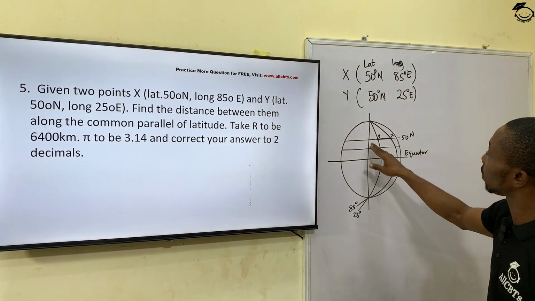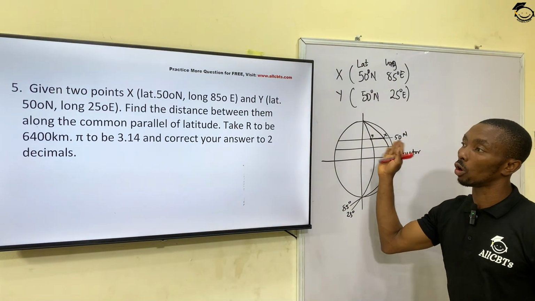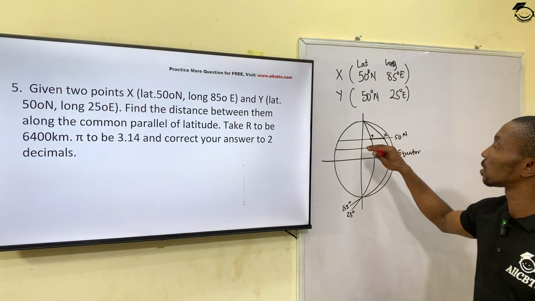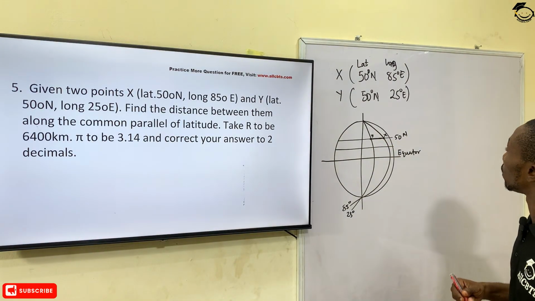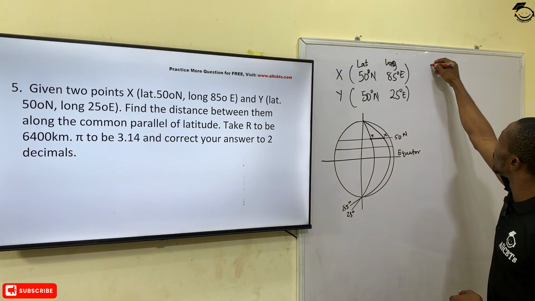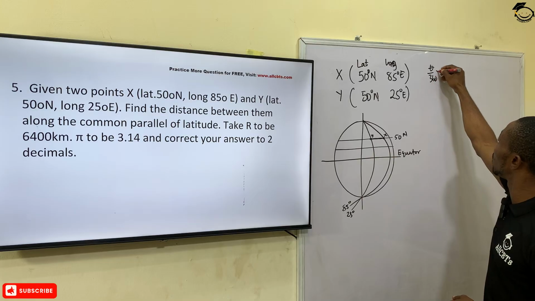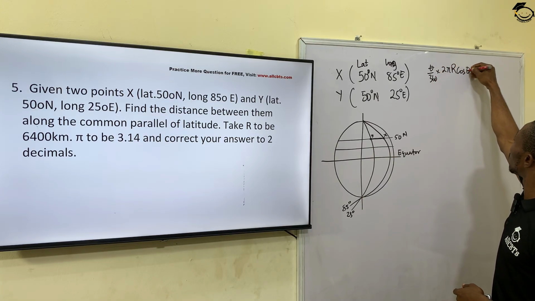Now, if we are to find the distance between them on a parallel of latitude, we are to understand and notice that it's not on the equator. So we are going to use the formula which says theta over 360 times 2 pi r cos theta.